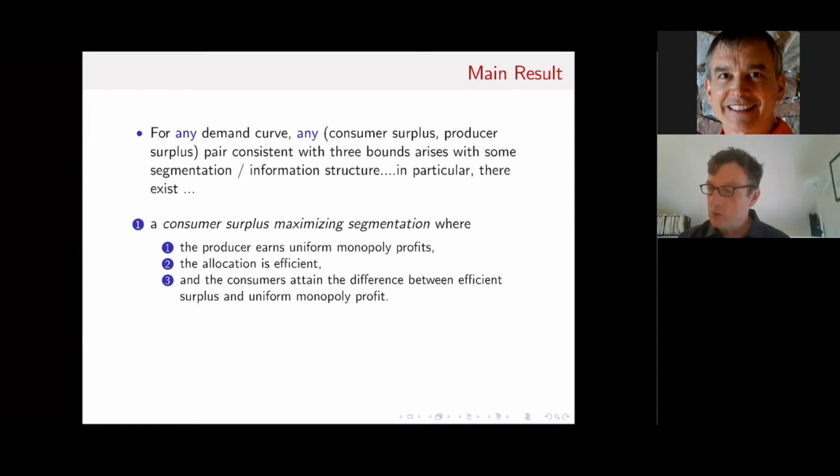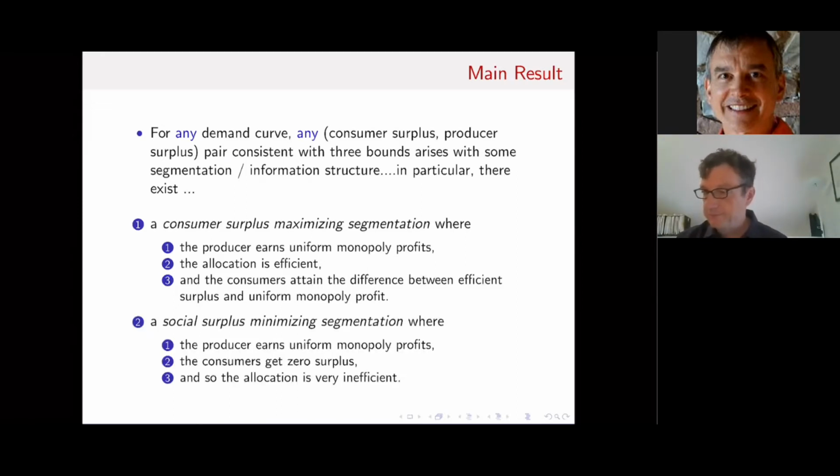In fact, the additional consumer surplus gained is precisely the difference between the efficient surplus and the uniform monopoly profit. So that's a very strong result.